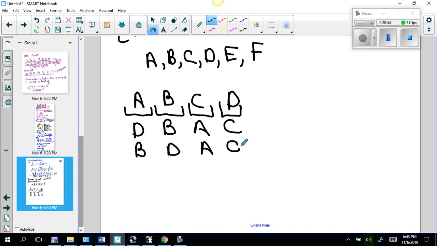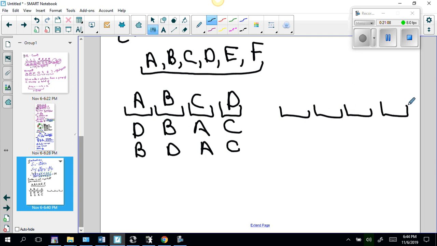So combinations help me figure this out, because I need to figure out how many committees of 4 people I can make, and order is not important. A permutation problem is really easy for me. I just draw 4 blanks.